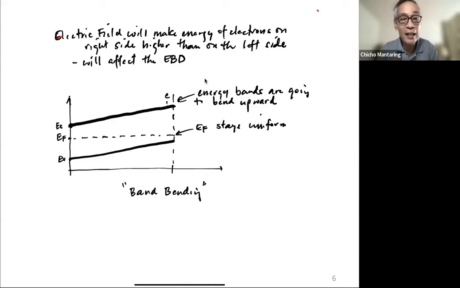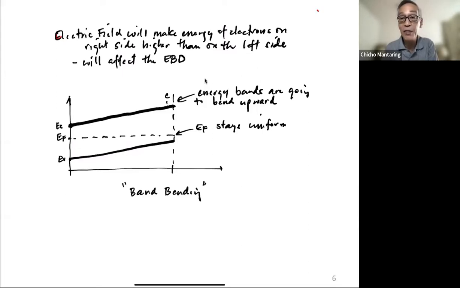Remember, E of C is the minimum energy that the electron has to possess for it to be able to break away from its covalent bond, no? And become available to conduct current, no?